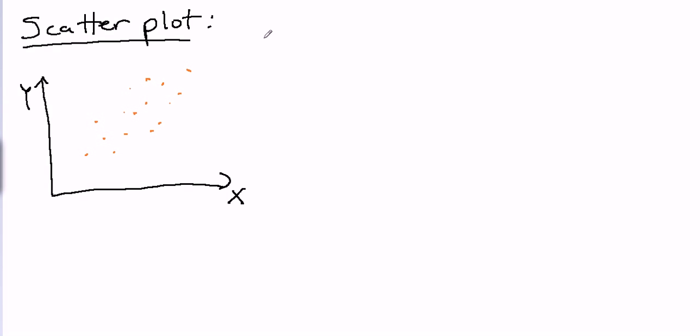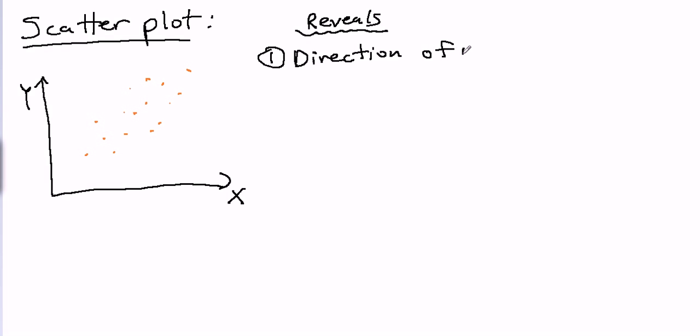So what can we learn from the scatter plot? Well, there's a few things. We can break it down in a very systematic way, and once you see a bunch of these scatter plots, you will get better at reading them. First off, the most important thing is the direction of relationship between the x variable and the y variable.